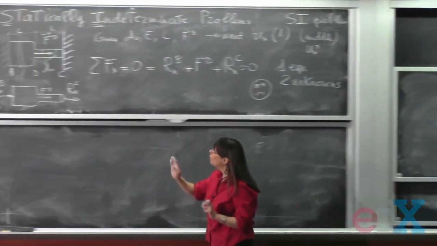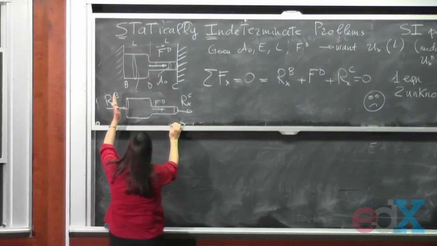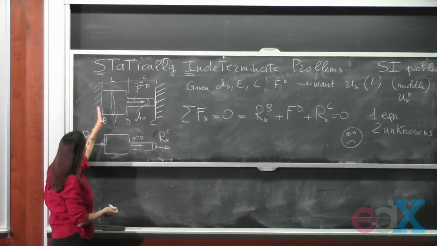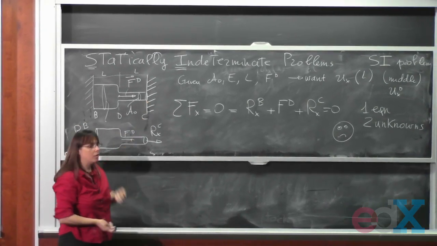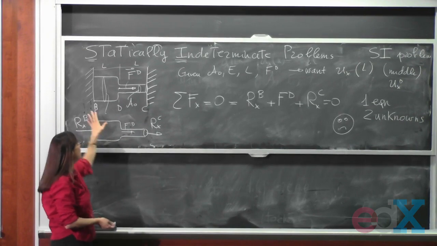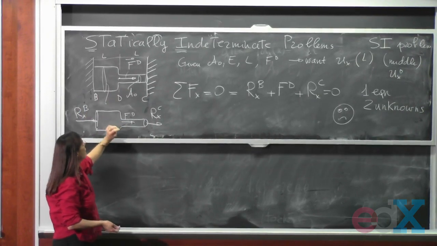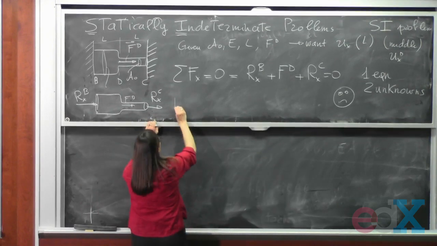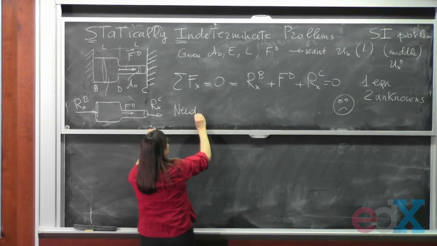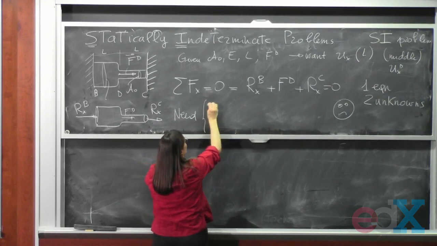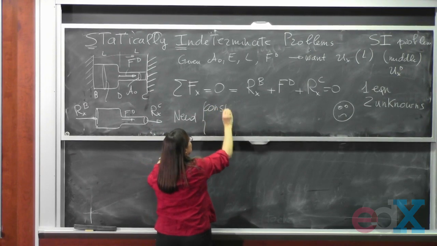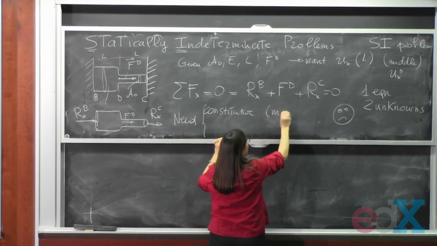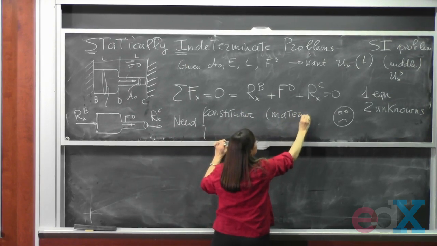So when you have 2 walls and the situation is statically indeterminate, how much load each support takes depends on things in between. So in order to do this, you cannot just use equilibrium. You also need the constitutive response, that is the material properties of your bar.